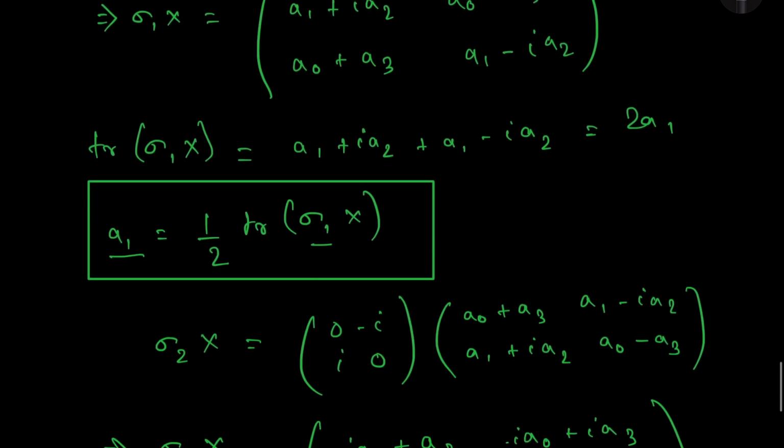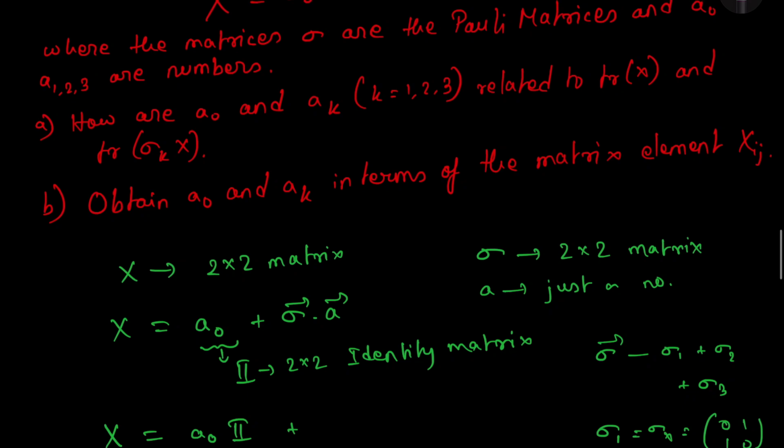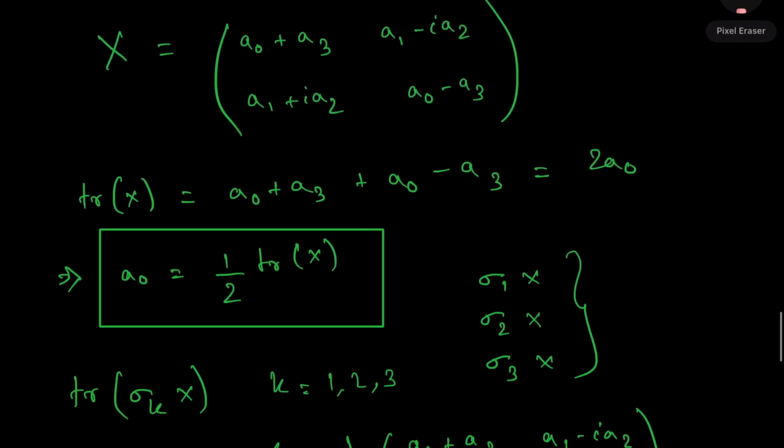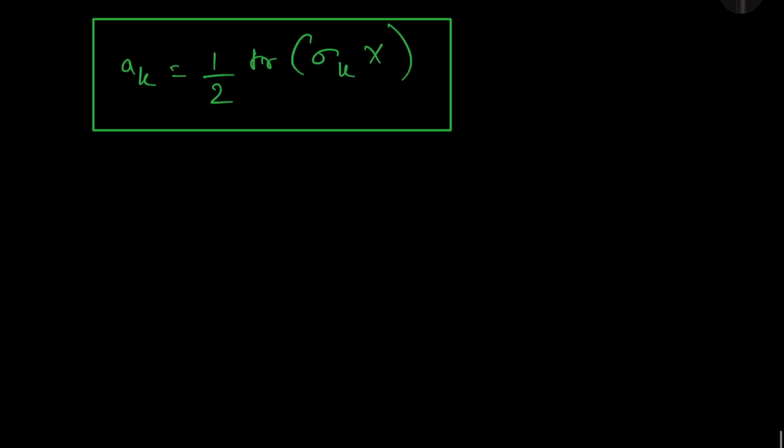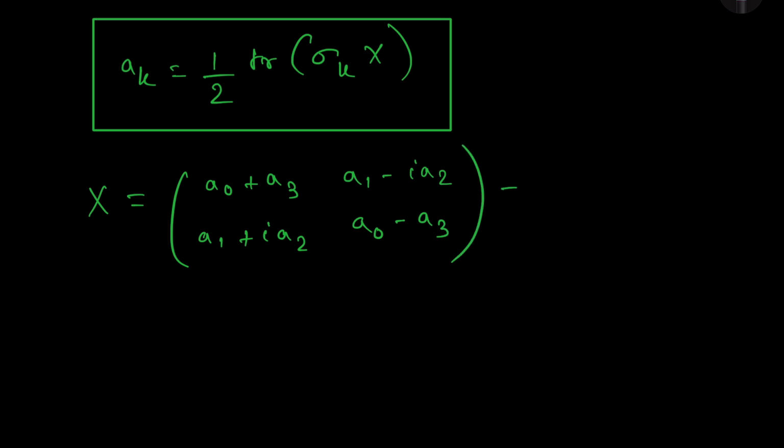Now they have asked in the second question to obtain a0 and ak in terms of the matrix elements Xij. I'll write X here again. X is a0 plus a3, a1 minus ia2, a1 plus ia2, and a0 minus a3. So we can express this as matrix elements of X like X11, X12, X21, and X22.